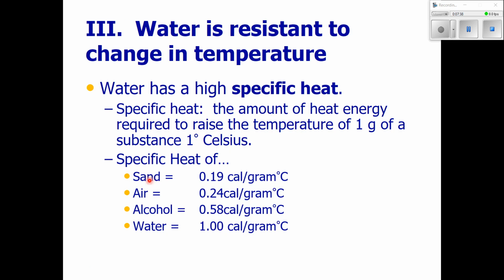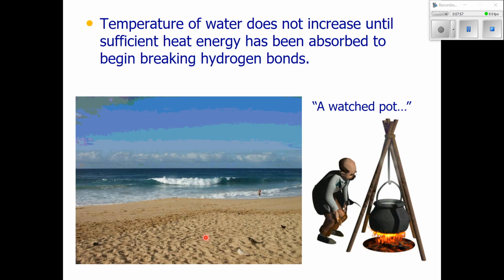And the reason is sand has a low specific heat, air has a slightly higher specific heat, so it heats up a little slower. Sand heats up really fast. Water heats up really slow because it has a very, very high specific heat.